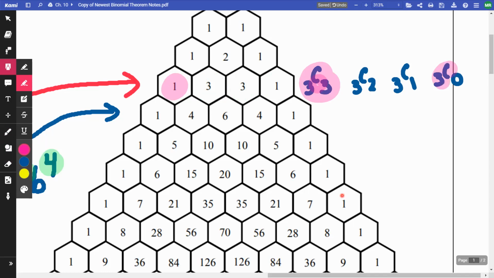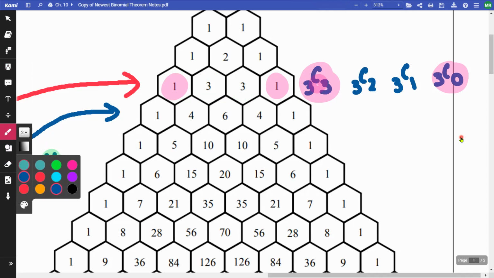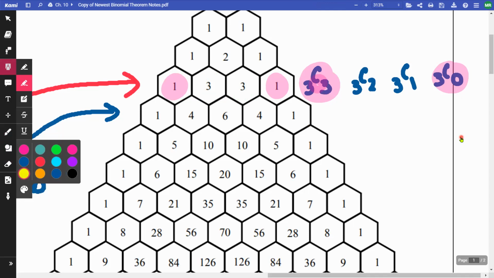Now, 3 choose 0 is also 1. Why? Because 3 plus 0 adds up to the 3. And so anytime those add up, they always are the same answer. And then these 3 and 3 are my 3 choose 2 and my 3 choose 1. If I put those in my calculator, 3 choose 2 is 3, and 3 choose 1 is 3.